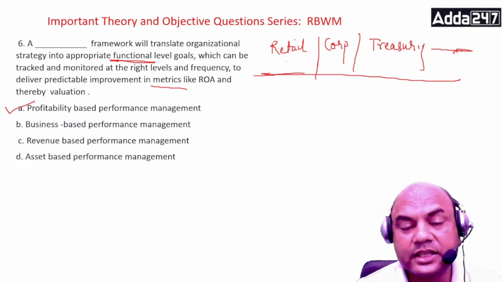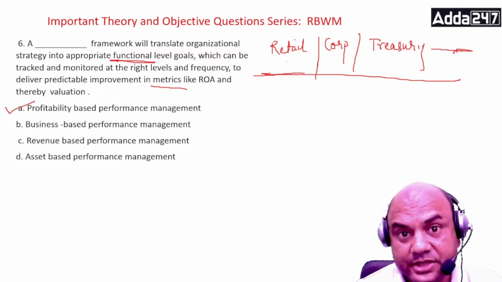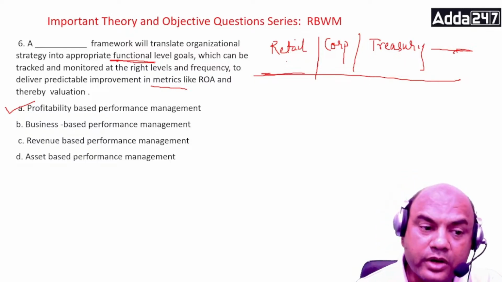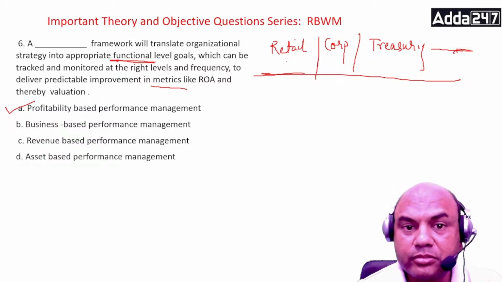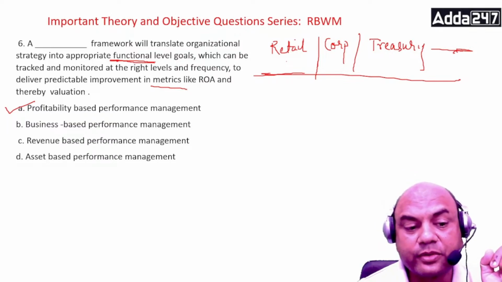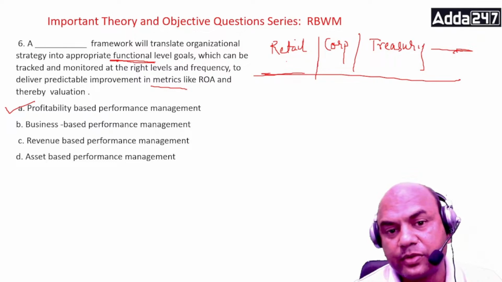In retail, let's say FMCG products, like Hindustan Lever and all this, in those products the revenue is huge, but the margins are less, right? Asset-based performance management. So the company should always focus on profitability-based performance management.